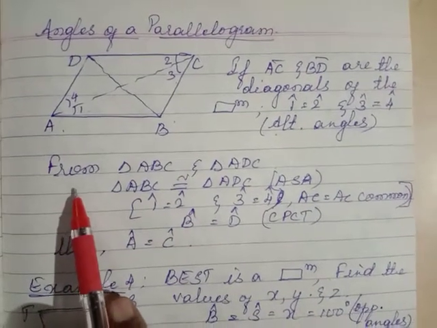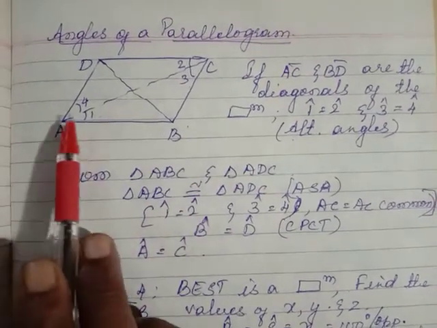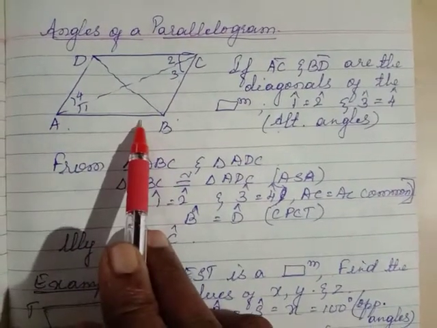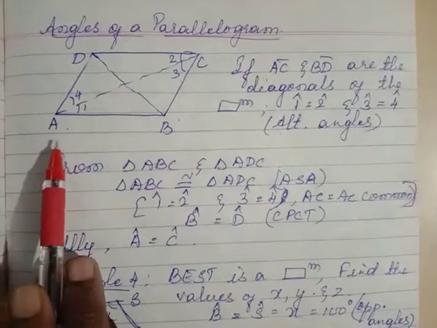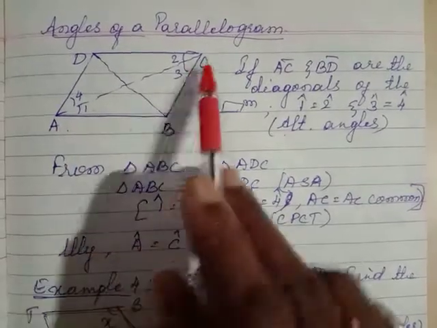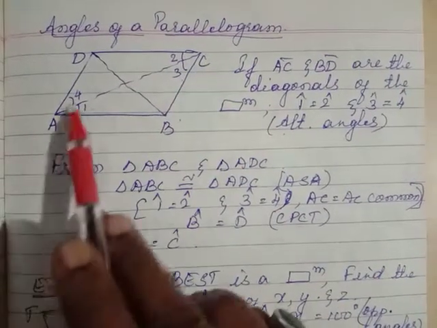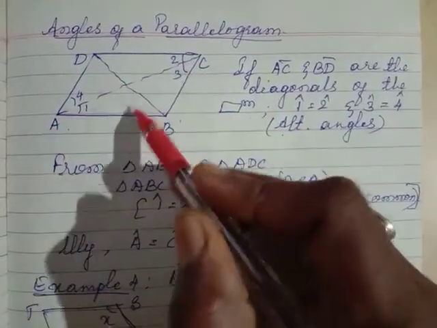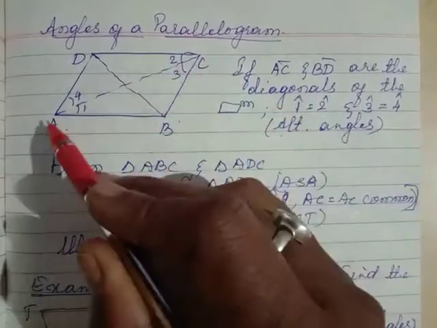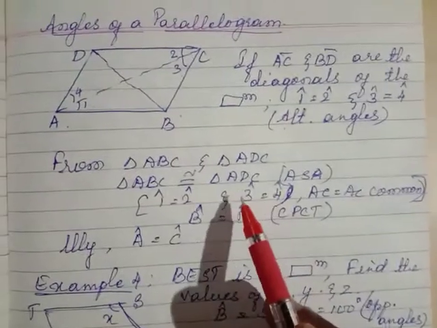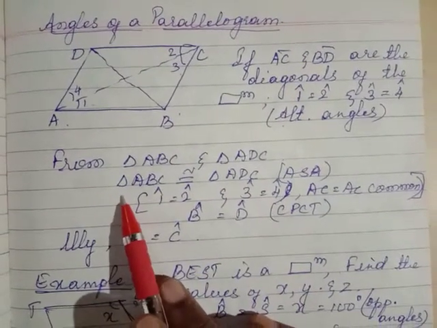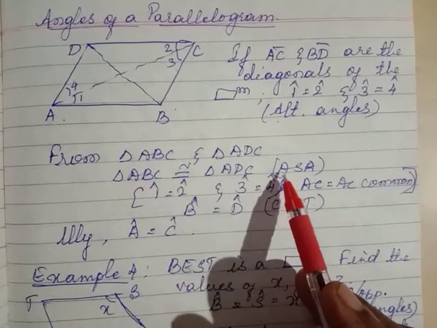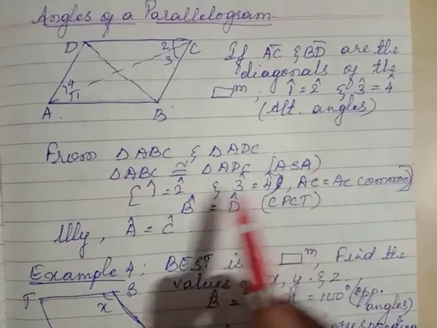Because of this diagonal AC, we got two triangles, ABC and ADC. Triangle ABC is congruent to triangle ADC by ASA. How?